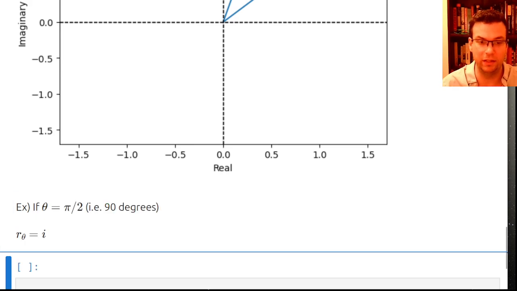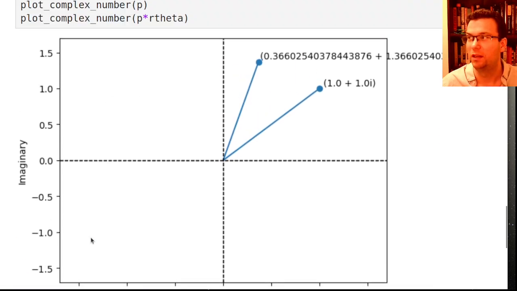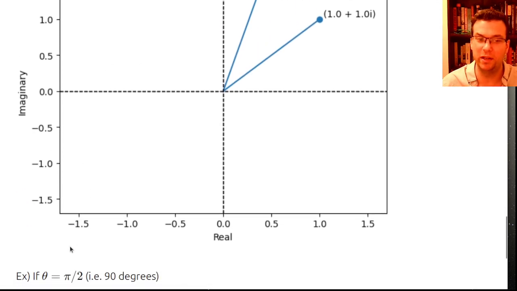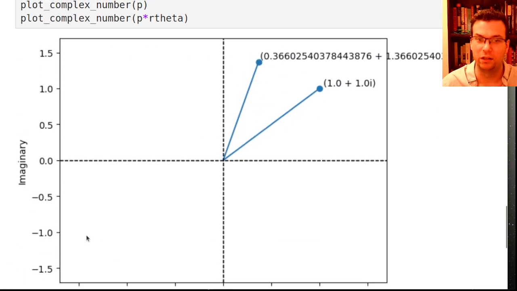So it turns out in this case, our rotation operator is just I. So what that tells us is multiplying a complex number by I rotates it by 90 degrees counterclockwise.